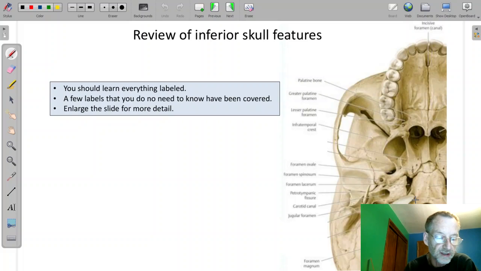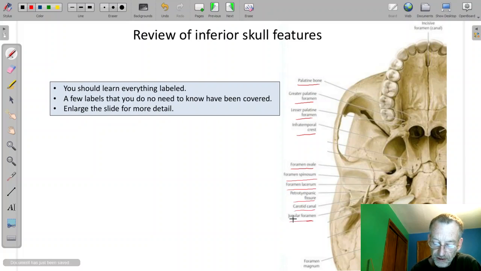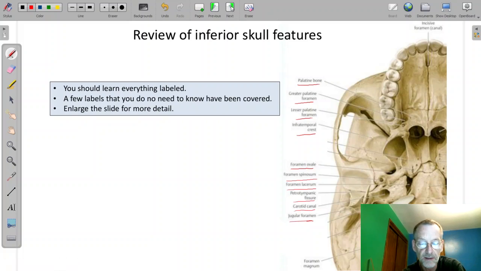But otherwise, you should go through this and review each of these labeled items because we have talked about them. Foramen Lacerum we will come to within this lecture. Okay, next slide.